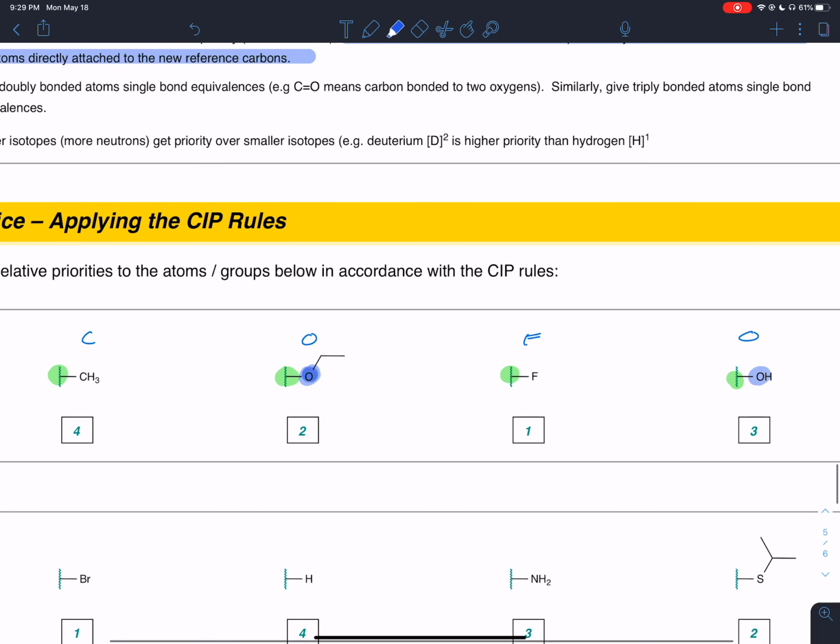So because the initial atoms, oxygen, tied in atomic number, they become the reference point, and we ask what atoms are bonded to them. Oxygen here is bonded to carbon. On the far right, the oxygen is bonded to hydrogen, and it's still based upon atomic number. So carbon beats hydrogen. Therefore, we have priority 2 and priority 3.